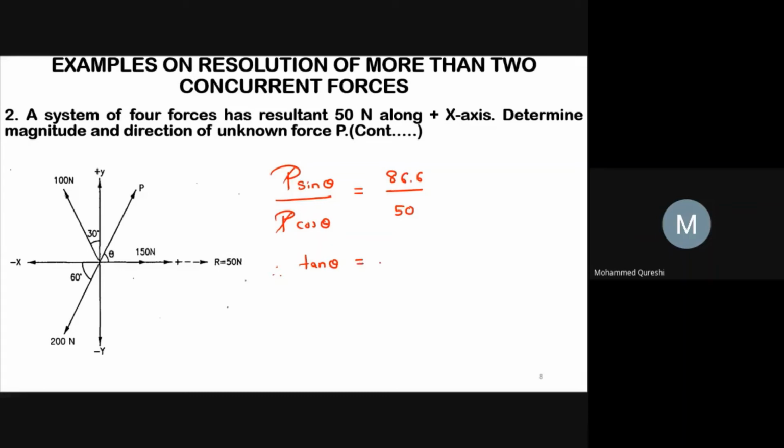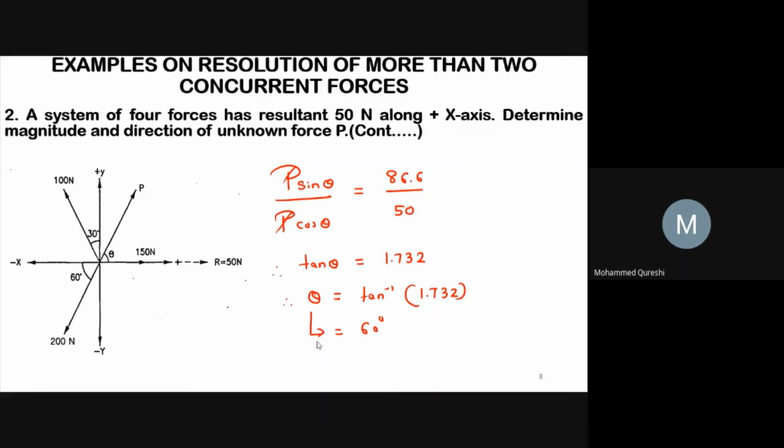So tan theta equals 1.732, and therefore theta equals tan inverse of 1.732, which equals 60 degree. So here our theta will be 60 degree.